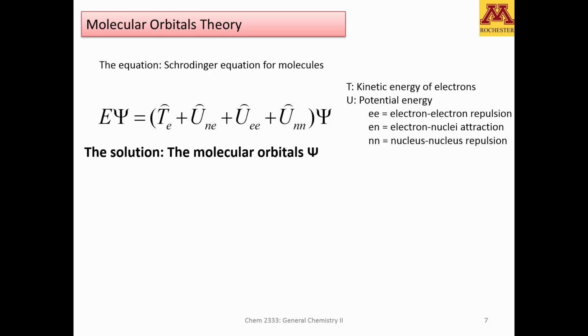Molecular orbital theory, and we are using operator notation, which you may not be familiar with. We have to solve the same wave equation that we used to solve atomic orbitals. It's just that it's now more complex, because we are going to find a wave of electrons for the entire molecule.